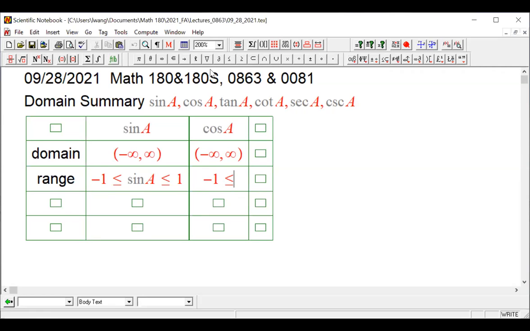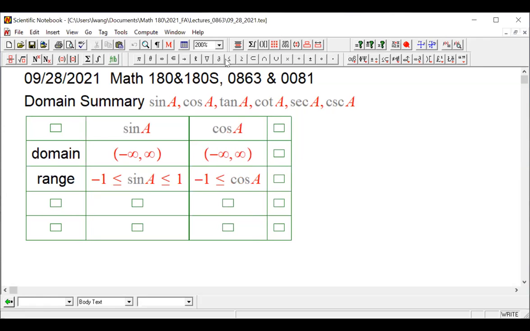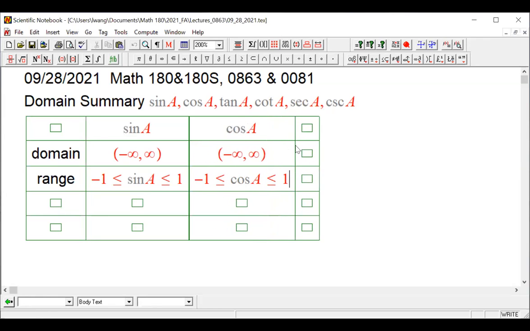This is the form I want you to carve in your brain. We're going to take some useful things from sine and cosine, for example, the x-intercept.